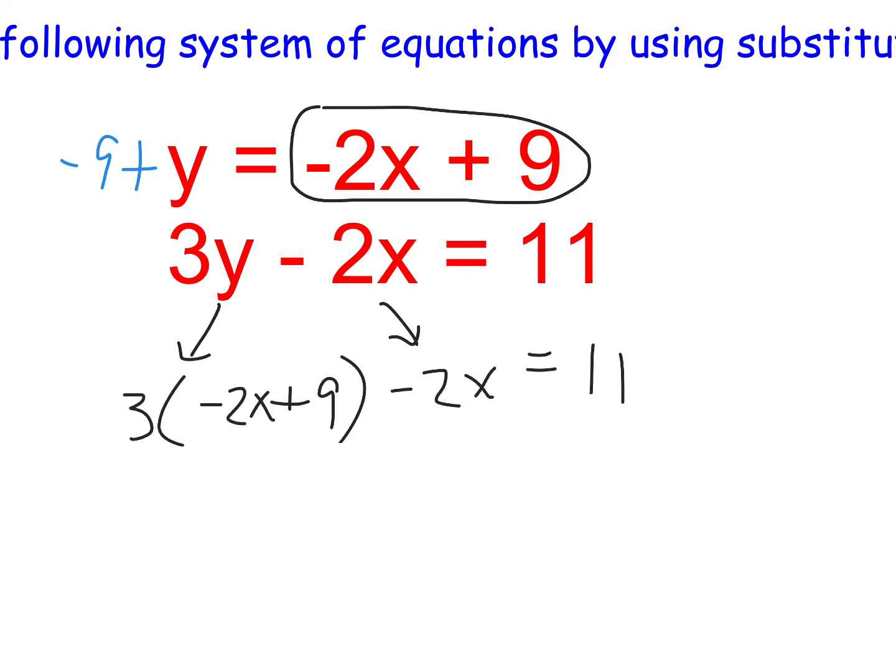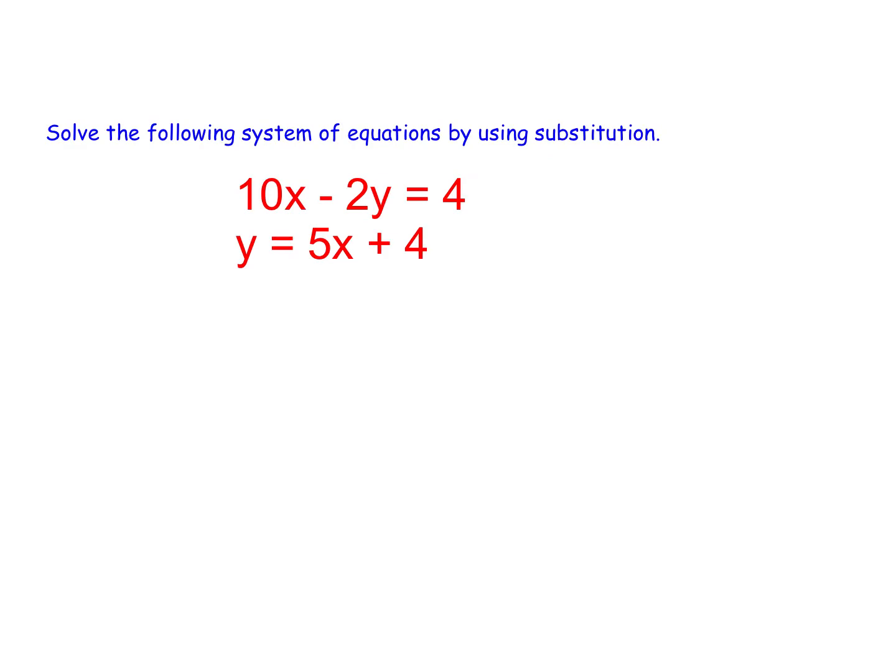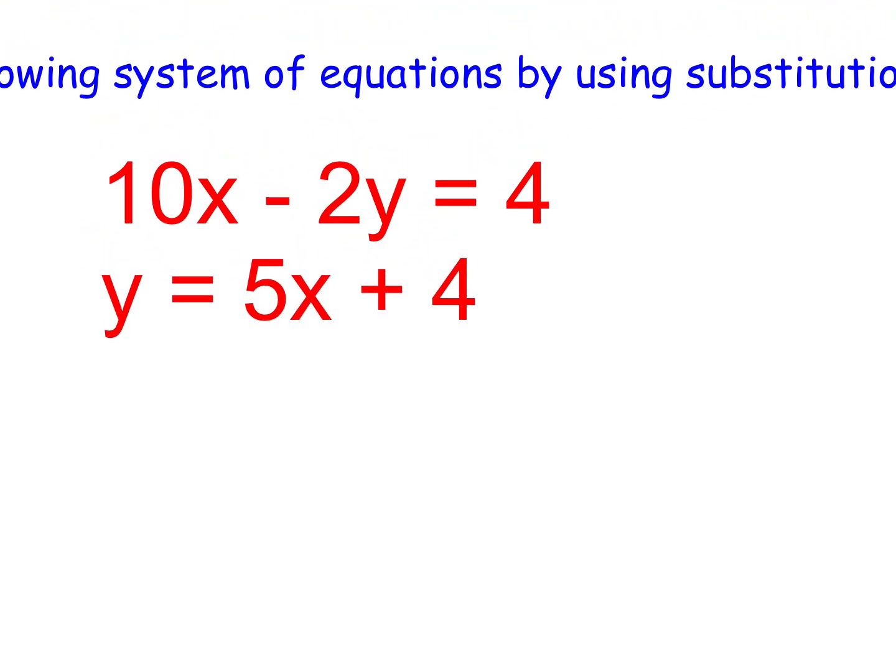Then nothing would have been solved. But I would have just got rid of that by adding 9 to both sides, and it would go over there. So y's alone. So you just got to get something solved first. And then you stick it in the other equation. That's called substitution.